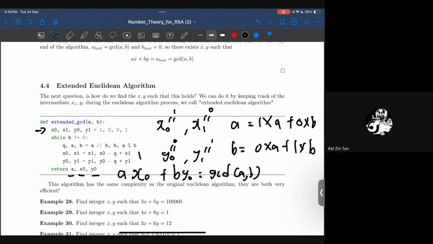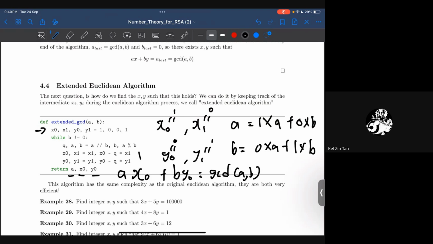Well, you don't really need to understand the details of this, but I believe knowing that it exists and that we can use the extended Euclidean algorithm to find it is enough.